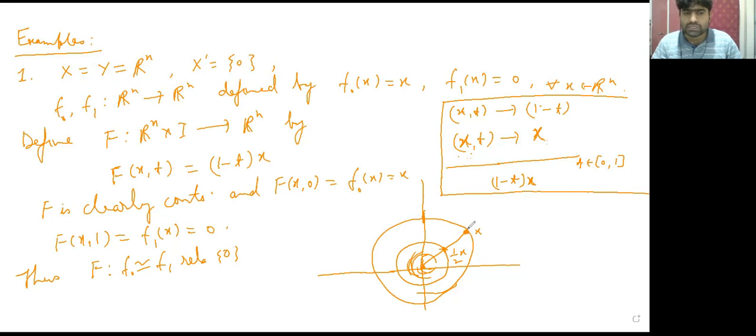But when you increase t, the ranges of the maps are getting shrunk more and more, right? And in the end, when t equal to 1, everything collapses to 0. Everything goes to 0, right?